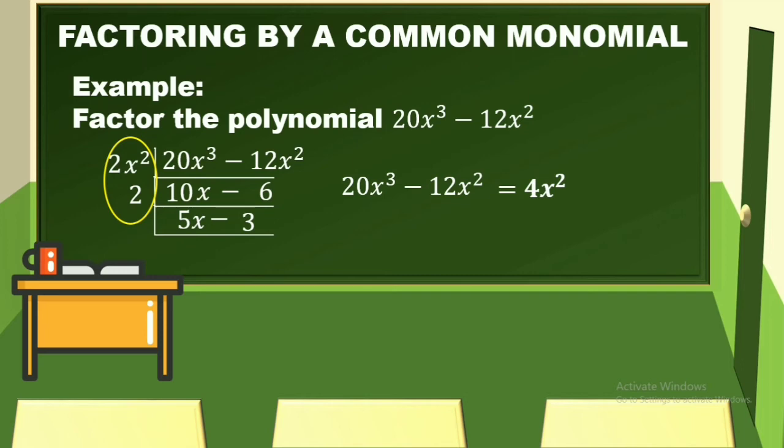Yes, so that is times the quantity of 5x minus 3. Okay, yung last expression na meron tayo dito, kokopyahin lang natin, then we will put quantity. So therefore, 20x cubed minus 12x squared is equal to 4x squared times the quantity of 5x minus 3. Did you get it now?